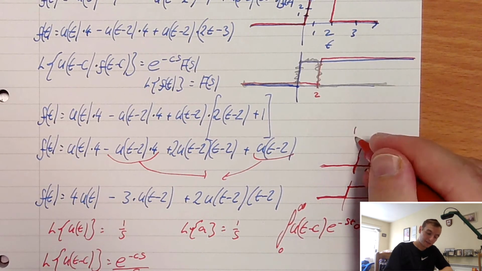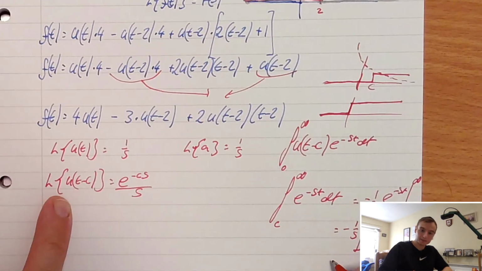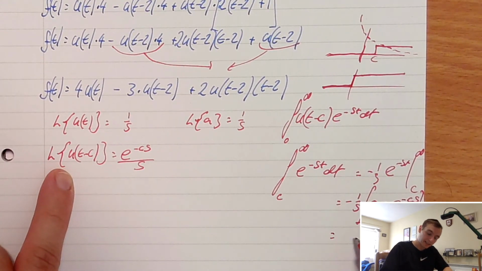And if we have the e^(-st) like that, all we're doing is taking the limits from infinity to c of e^(-st) dt. Okay, and that's just going to be minus 1/s, e^(-st) evaluated between infinity and c, which is going to be minus 1/s times (0 minus e^(-cs)). And then that's just obviously going to be e^(-cs)/s.